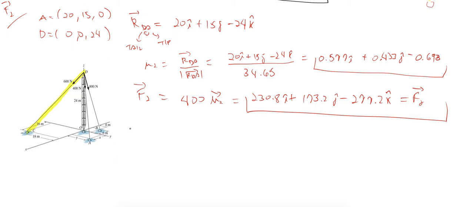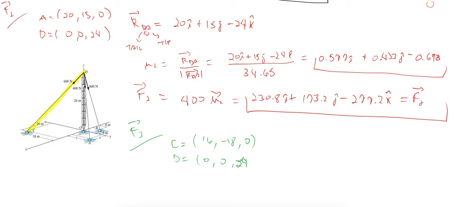Okay, so F3. Analyzing F3. Points of interest: C and D, right? Because they're given. There's information about those two points, so we choose them. C is at positive 16 for X, negative 18 for Y, and 0 for Z. D, same old, plus 24.